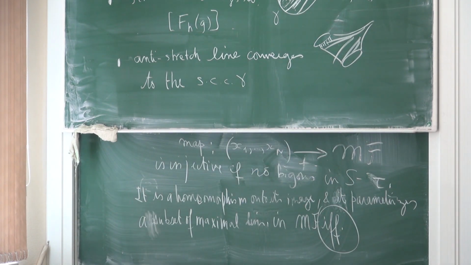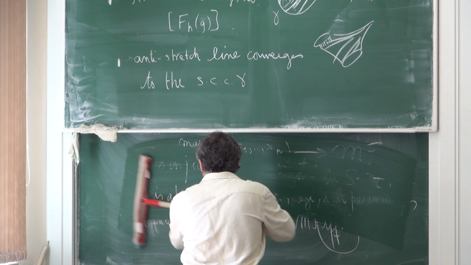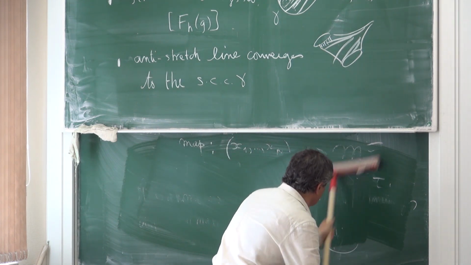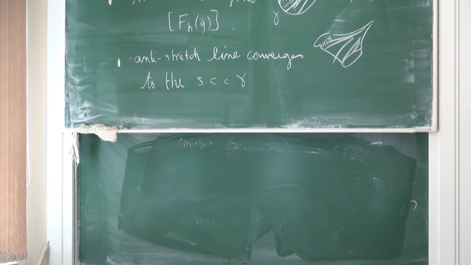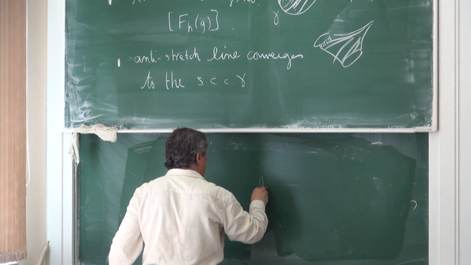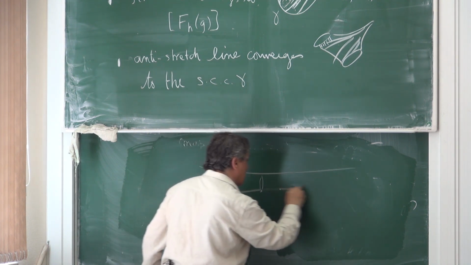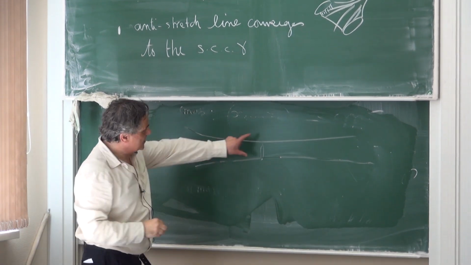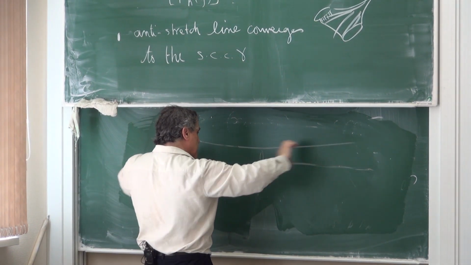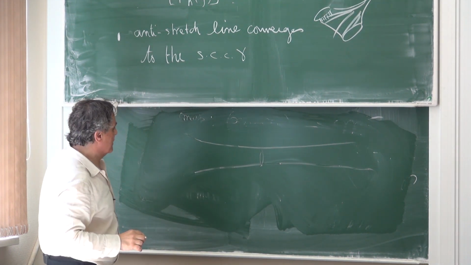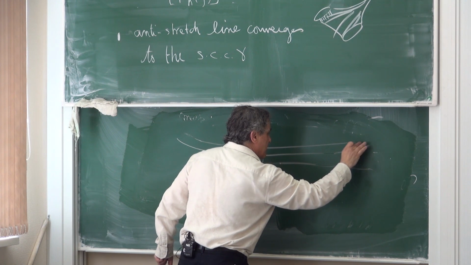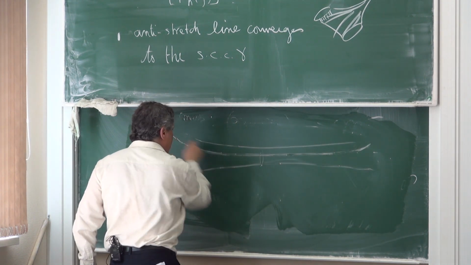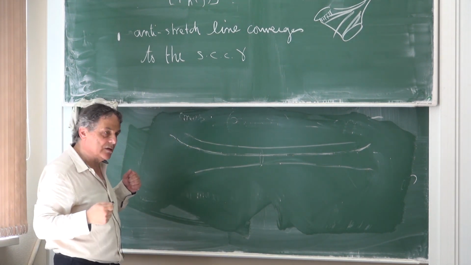This is from Monday. The thing I want you to have, to get an idea of this convergence, is that when the length of gamma becomes very short, it has a tube neighborhood which is very long, and the lengths of the curves which intersect gamma become longer and longer.